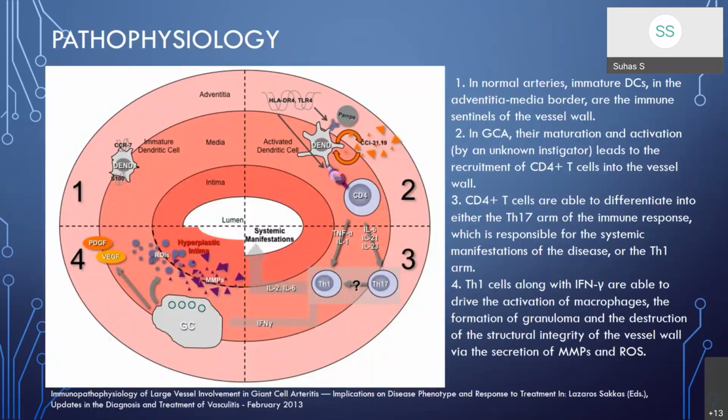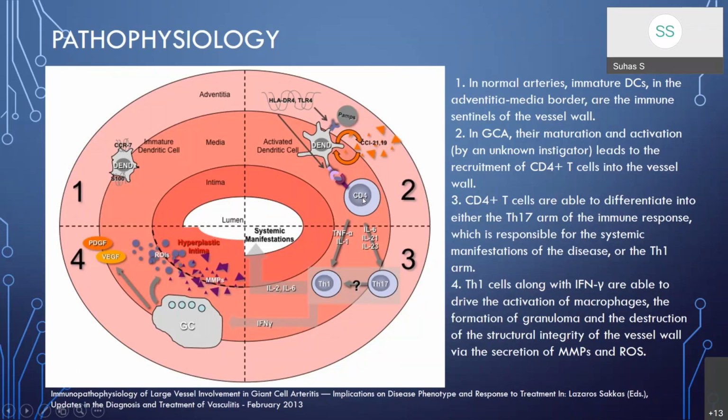Coming to pathophysiology, first, in the normal arteries, at the adventitia-media junction, we have dendritic cells. These act as sentinels. In the presence of the HLA-DR4 haplotype, when there is contact with this unknown instigator, these dendritic cells become activated, and they recruit CD4 cells in the media.